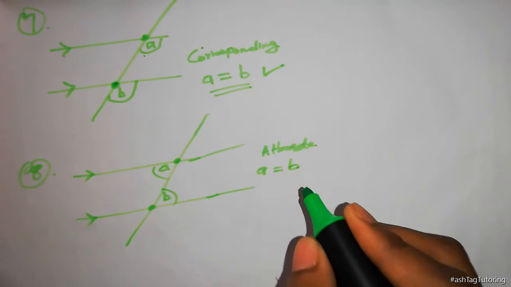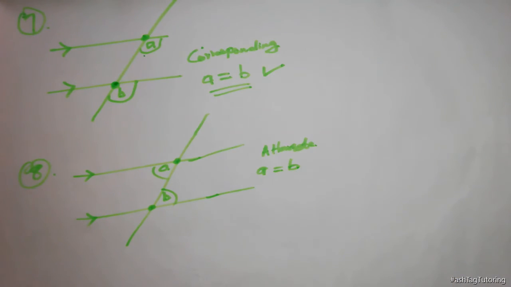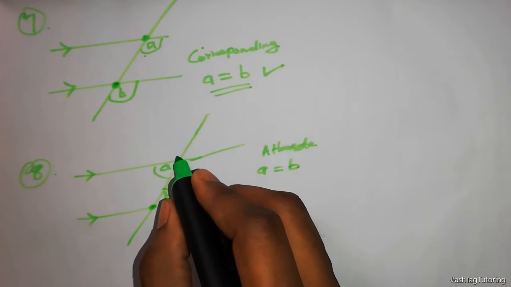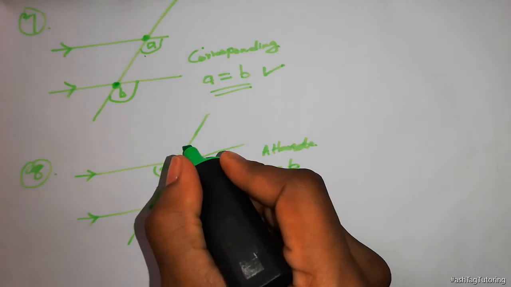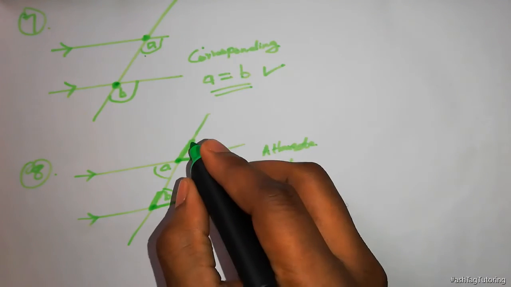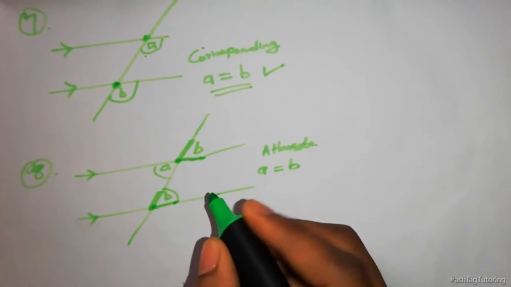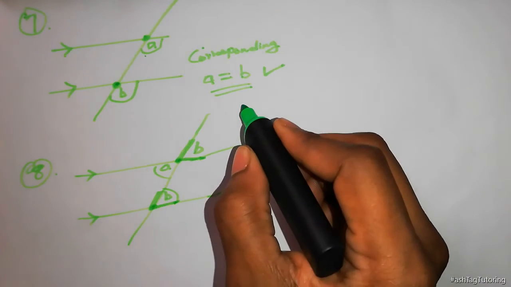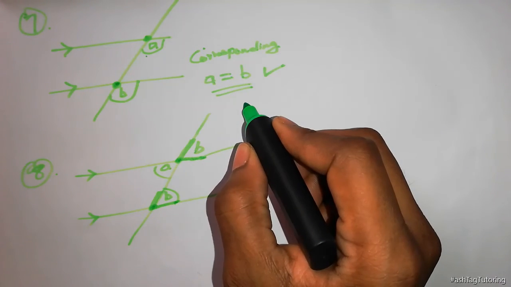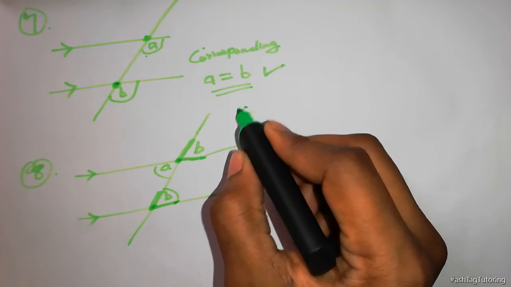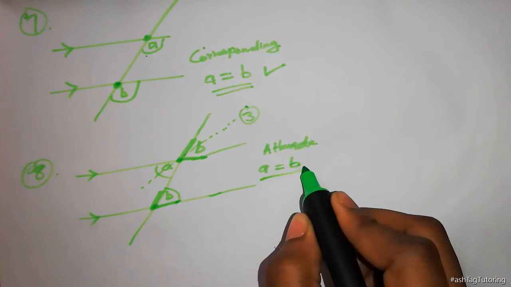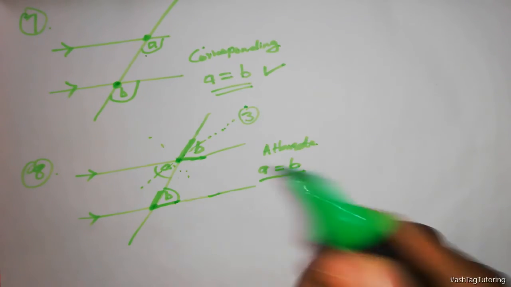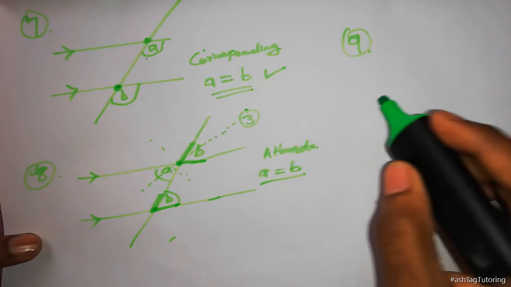That is, A is equal to B, and the reason is, check the position of angle B at the bottom dot and check the position of where it's supposed to be at the top dot. You will find that if you go back to rule number 3, these two angles are actually the same because they are opposite angles.